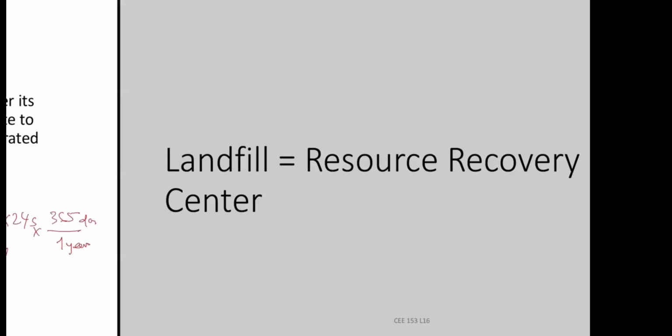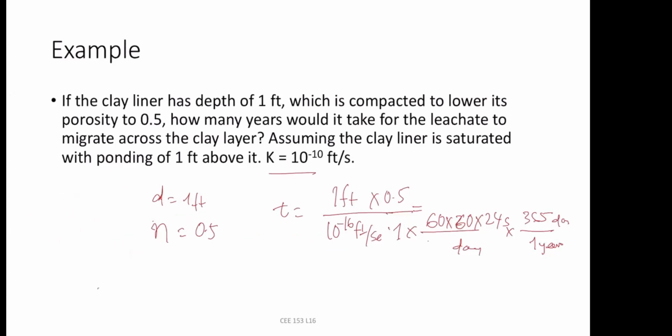Professor, is the i pretty much the depth? No, this is the hydraulic gradient. That's dH over dl, the head drop per length. Because it's moving vertically, the vertical depth it migrates is actually the head drop, so dH and dl are equal.